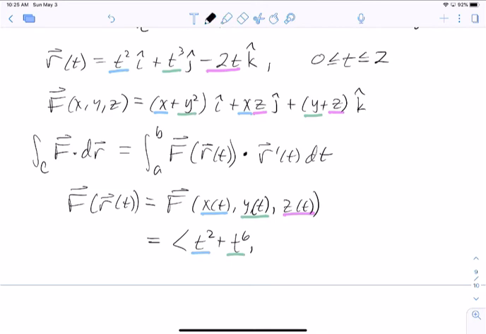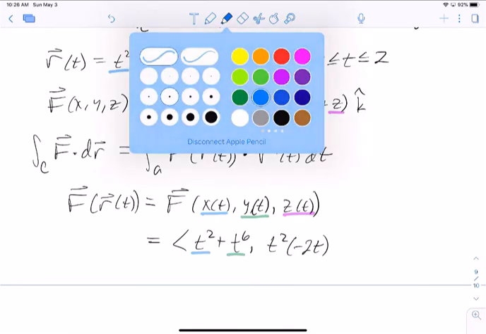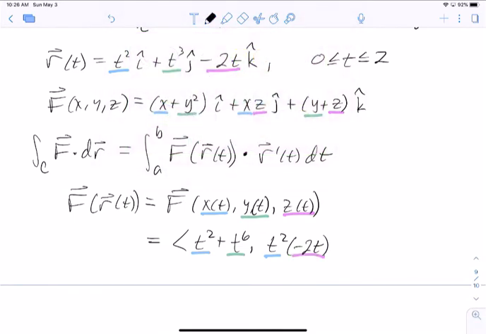Comma, then we have t squared times negative 2t, and that's coming from xz, where, of course, x is t squared, z is negative 2t.